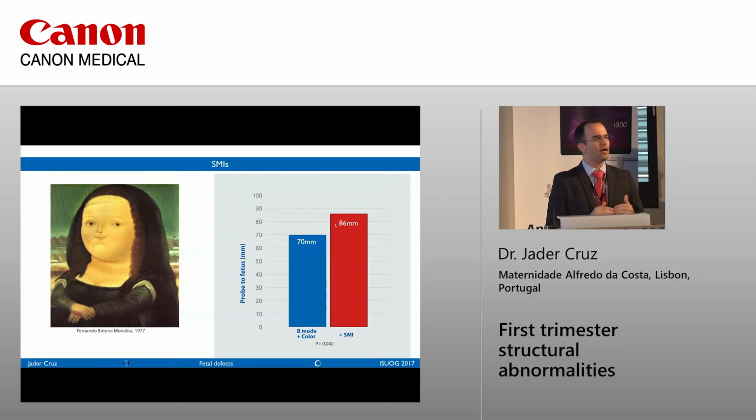If you're using SMI, your distance increases to 86%. So it not only helps you to see better, but also helps you to see further, in situations that are more difficult. Of course, the difference is not as strong as in the other things, but there is a very good trend on that. So it helps you to see better.